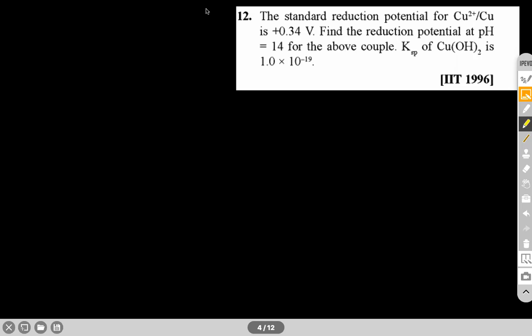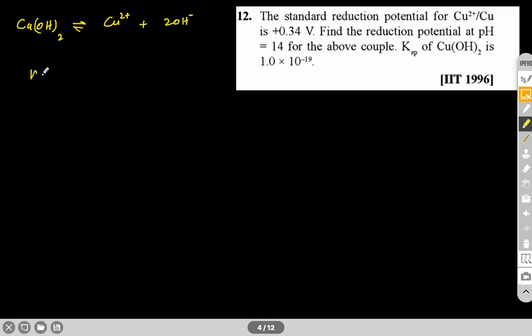KSP is given, right? So we need to find out the reduction potential of Cu2 plus to Cu. KSP is given for Cu(OH)2. So Cu(OH)2 dissociates as Cu2 plus and 2OH minus.